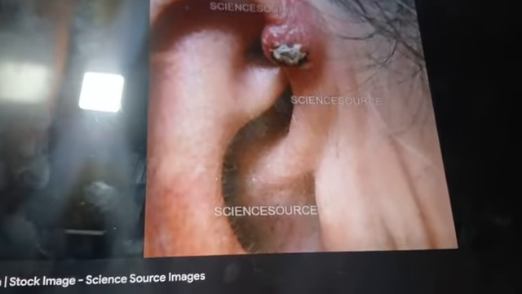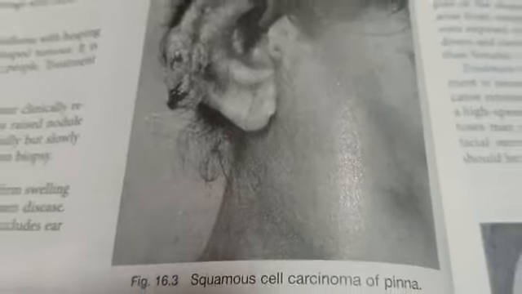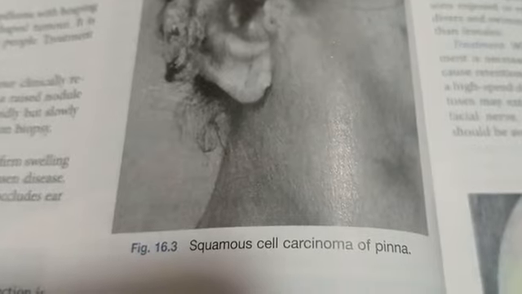This is the diagram of auricular cutaneous horn. Here you can appreciate the keratoacanthoma. Here you can appreciate a neurofibroma, auricular neurofibroma, that is neurofibroma of the pinna. In this diagram you can appreciate the squamous cell carcinoma of the pinna.